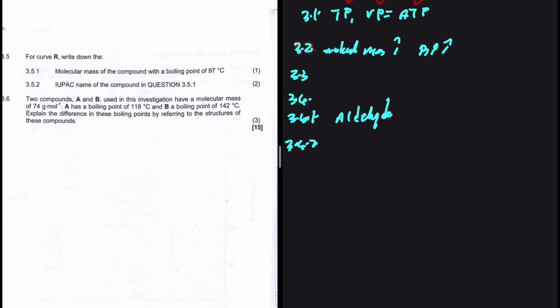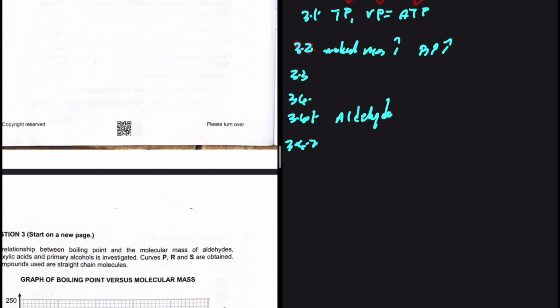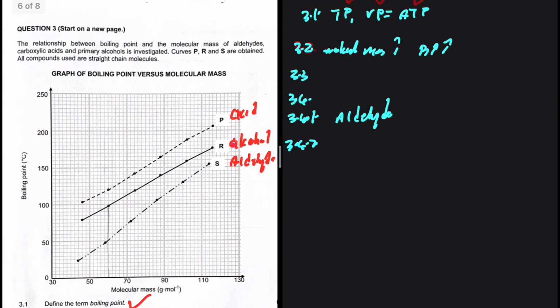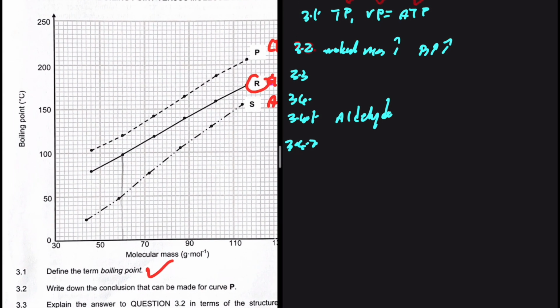3.5.1, write down the molecular mass of the compound with a boiling point of 97 degrees Celsius. For curve R, the molecular mass of the compound with a boiling point of 97 degrees Celsius. So let's go ahead and have a look. Here we have compound R. These are our boiling points on the y-axis.